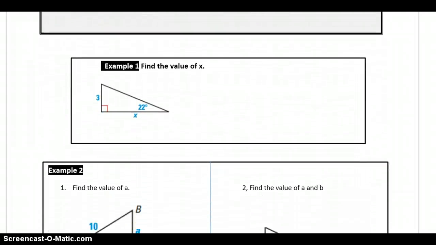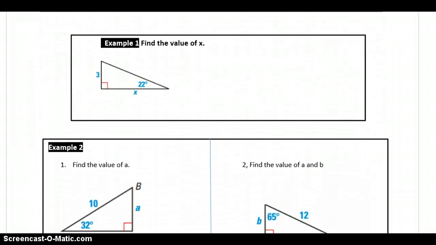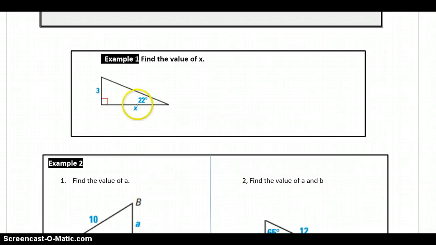We're going to use these now to be able to solve for a missing side of a right triangle. So if you look here, we're trying to find the length of side X. However, we are just given one angle, we know this is a right triangle, and we're given one other side. So we want to set up a ratio using sine, cosine, or tangent.